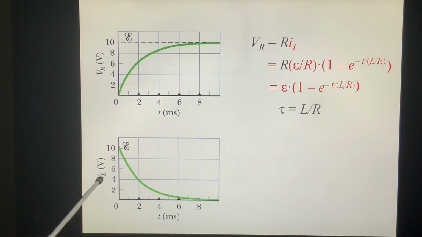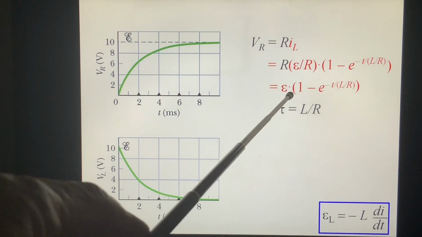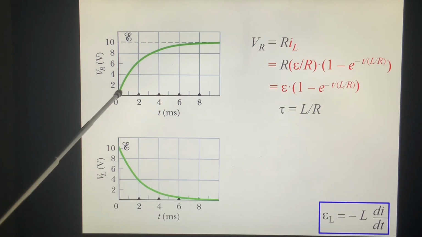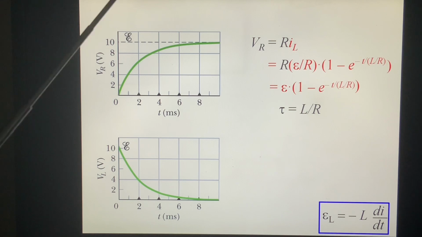Now we look at the voltage across the coil, the inductor. We find at the beginning it's very large because it's related to di/dt. We have I, but di/dt is the tangent of the slope of this curve. Okay, we look at this slope.